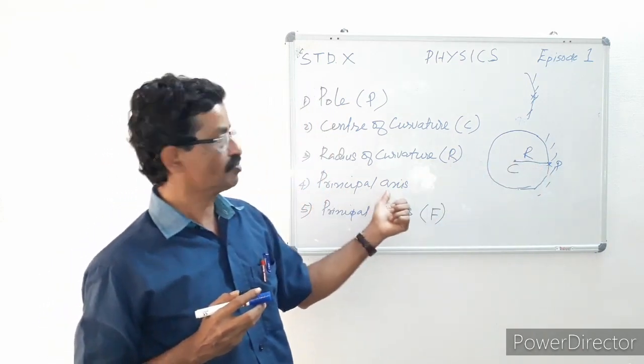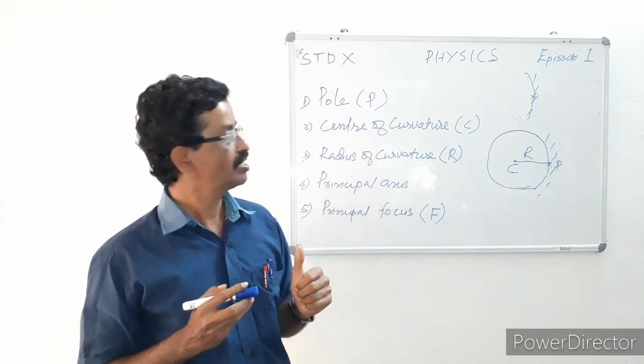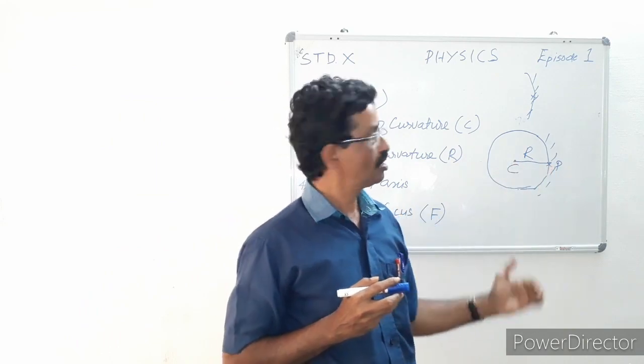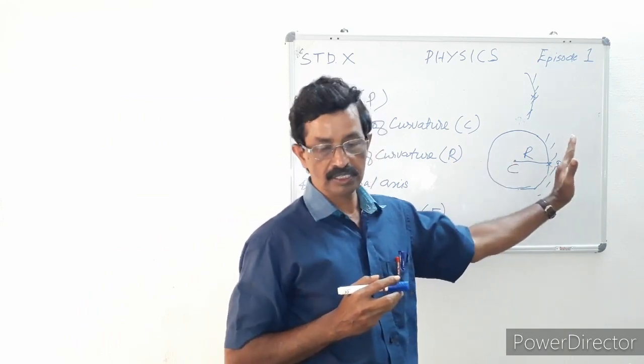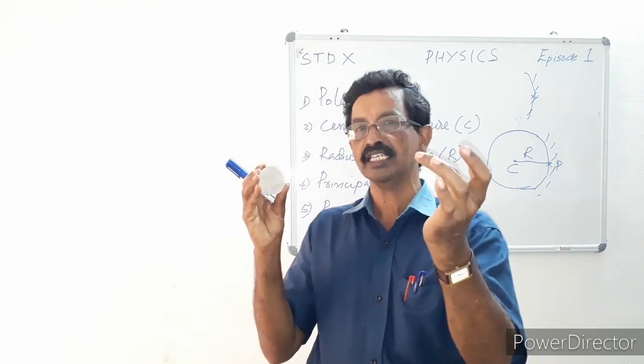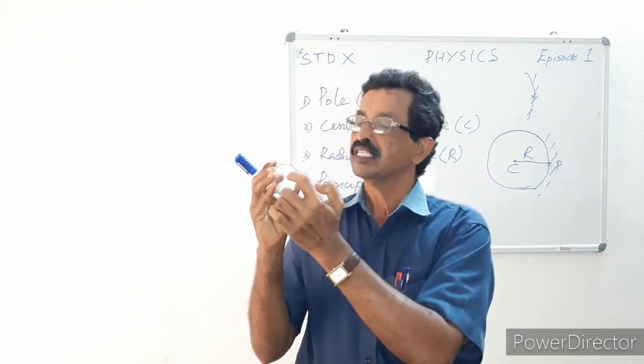And the next term is the principal axis. You see, from the center of curvature to the pole, we can draw a line. This is the center of curvature, and this is the pole.